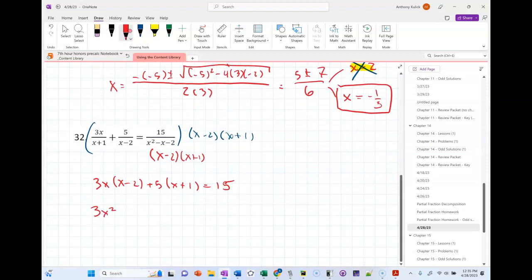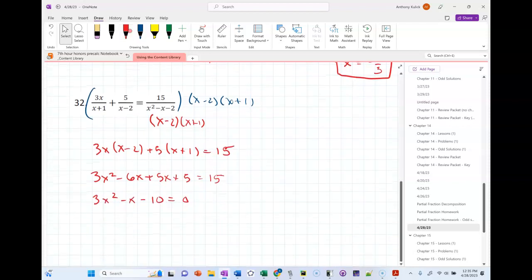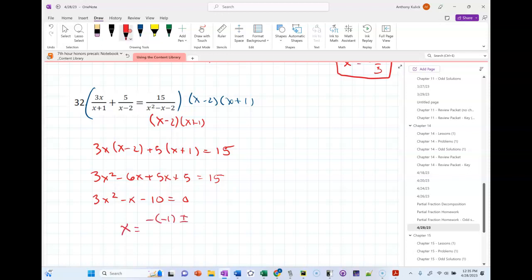I'll simplify, and then combine some like terms. And again, the leading coefficient isn't 1. I could try to factor this. It might factor. In fact, it does factor, but I wouldn't bother with it. I just use the quadratic formula because it's no more work. And I'll take that.